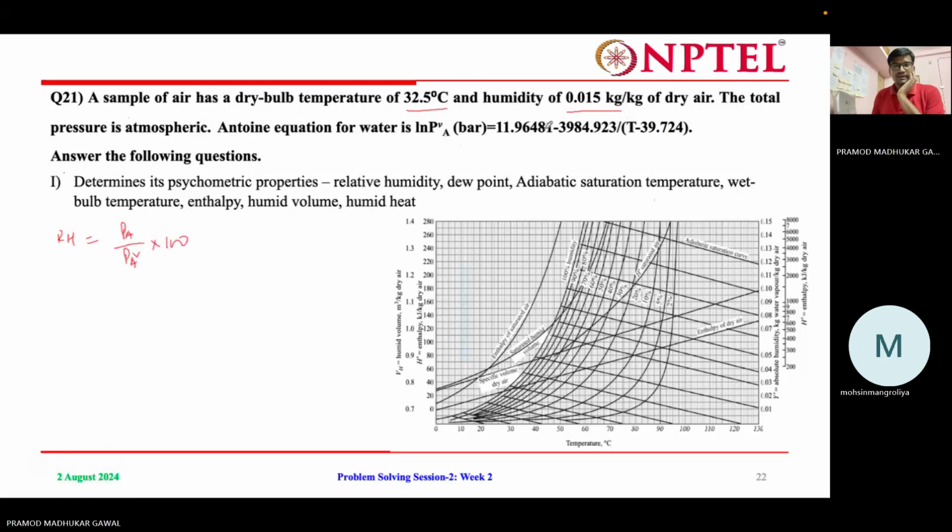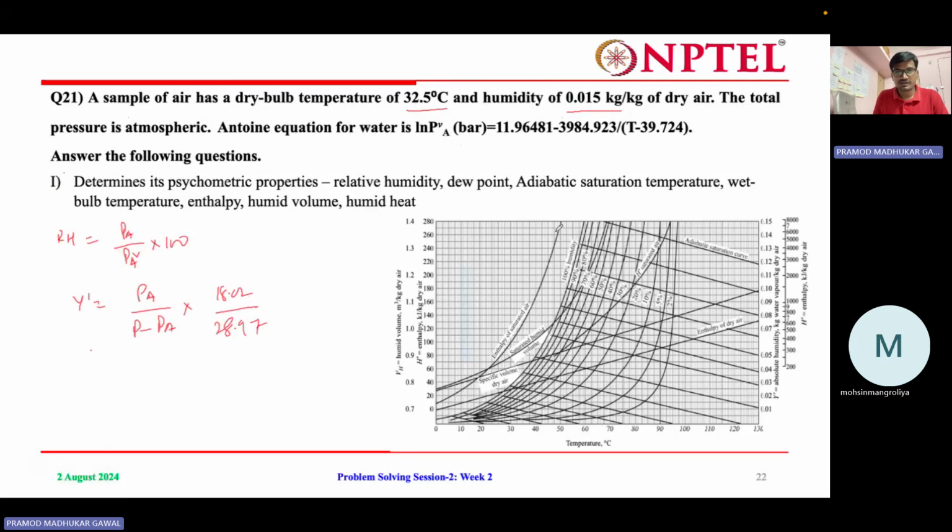The absolute humidity Y equals partial pressure divided by P minus PA into 18.02 divided by 28.97, right? So first we calculate the partial pressure using this equation. Because humidity is given as 0.015, you will get the partial pressure.